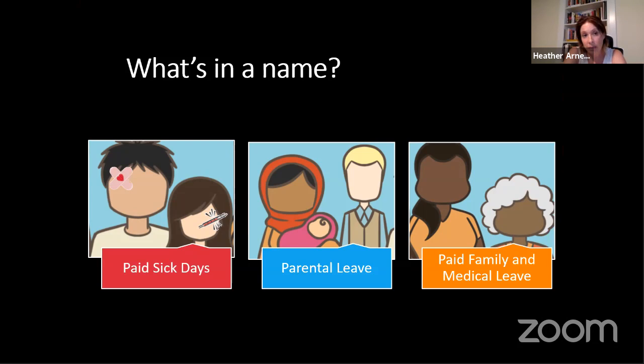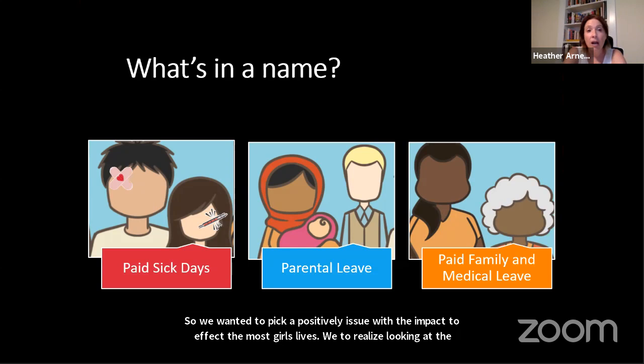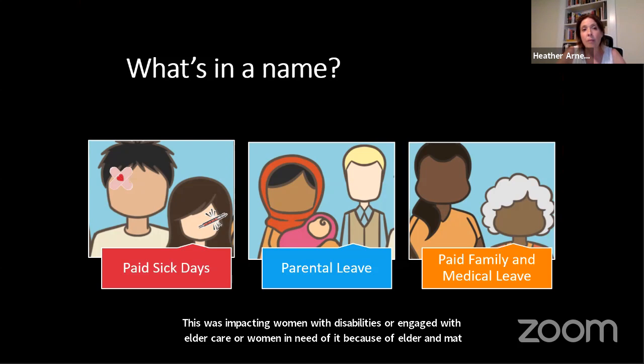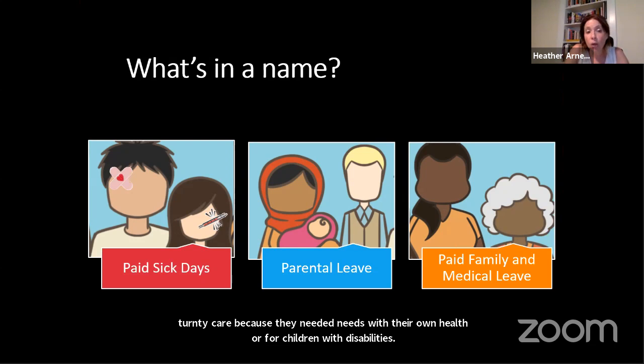This was an issue that was impacting women with disabilities. It was impacting women who were engaged in elder care. It was impacting women who were in need of it because of maternity care and in need of elder care. Women who were taking care of themselves because they had needs around their own health, or women who had children with disabilities. We came to see that members of our community who were low-wage workers, Black and Brown communities were the least likely to have any access to paid family and medical leave.